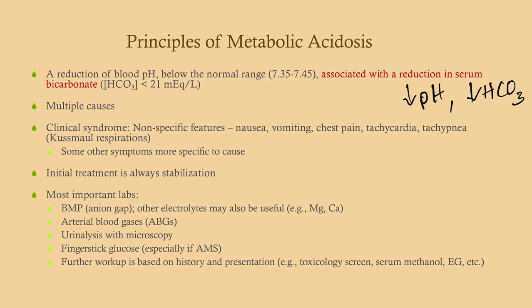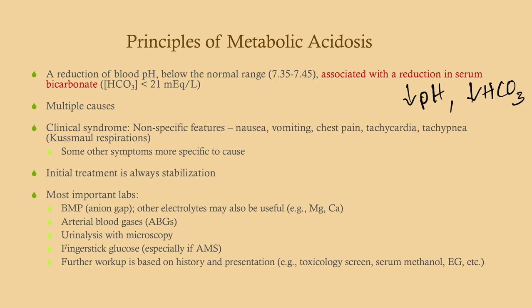Kussmaul respirations are very rapid, deep breaths. So think, if you're not in really good shape and you go run 500 meters, that's kind of a Kussmaul respiration. You're breathing very deeply and very rapidly, and it's the same idea. As you exercise, your blood pH does drop, and so you go into that sort of Kussmaul respiration.